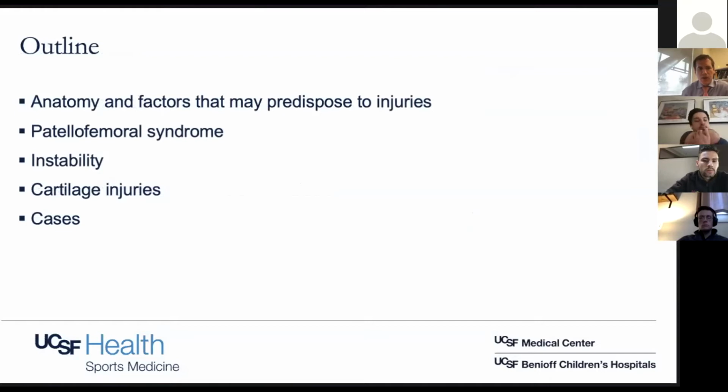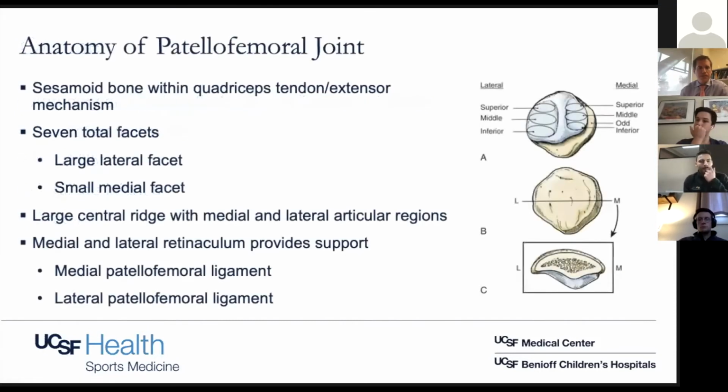And then talk about some of the issues that we see with the patellofemoral joint: patellofemoral syndrome, instability, and we'll cover cartilage injuries a little bit, but I know that Dr. Feely discussed that last week with a good focus on patellofemoral cartilage, so we won't spend so much time there, and then a couple cases at the end.